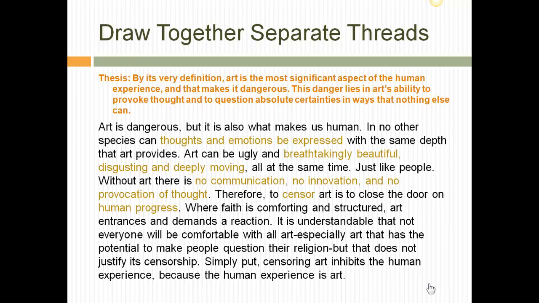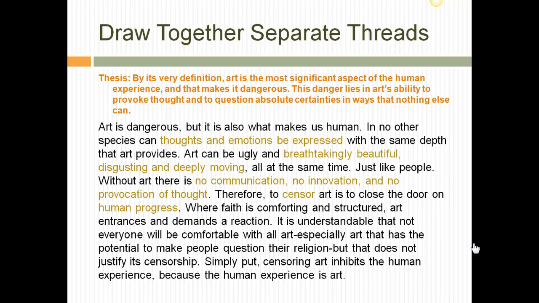So we can see that in this essay she is going to have done a few things. She's going to have explained how art is a significant aspect of humanity, how art is dangerous in the ways that it provokes thoughts, and how art causes us to question absolute certainties. Then her conclusion. Repeating the idea, art is dangerous, but it is also what makes us human.